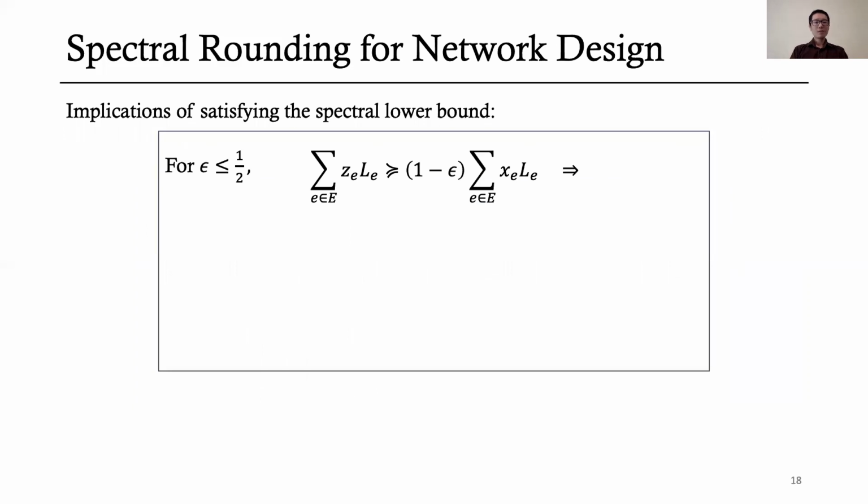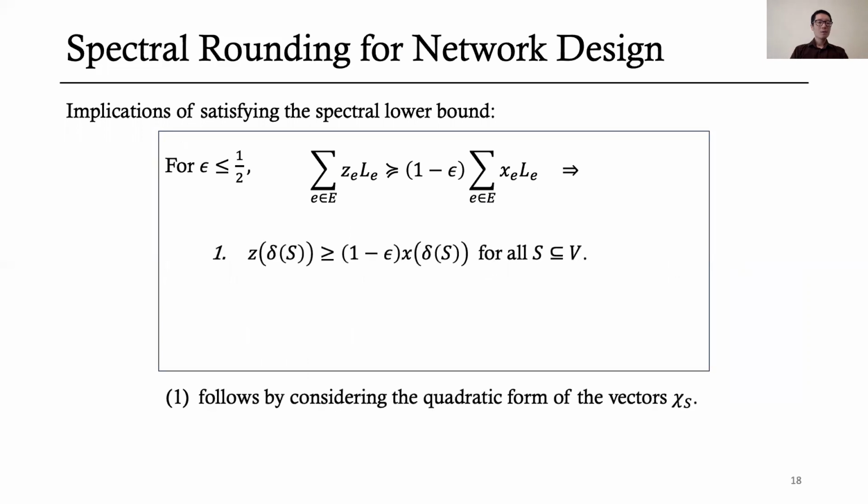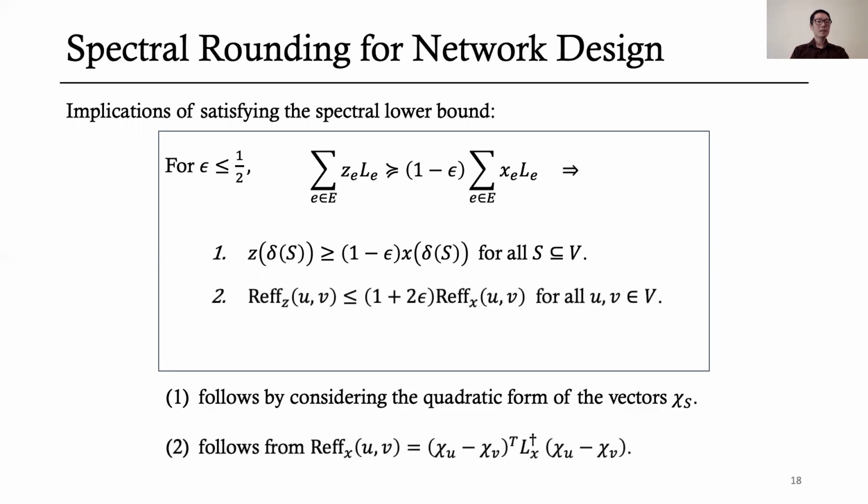For example, if we can satisfy the spectral lower bound, then we can satisfy all the connectivity requirements. This follows by just considering the quadratic form of the Laplacian matrix with respect to the indicator vector of all cuts. Then we can also satisfy all the effective resistance constraints because it is well known that the effective resistance can be written as a quadratic form of the pseudo-inverse of the Laplacian matrix.